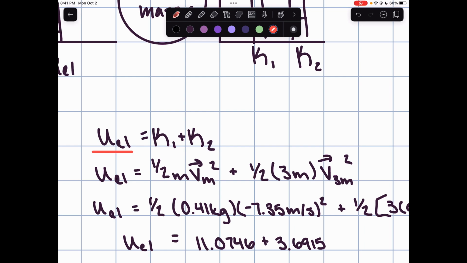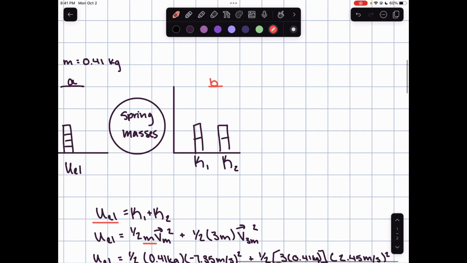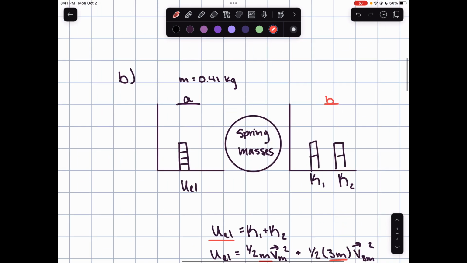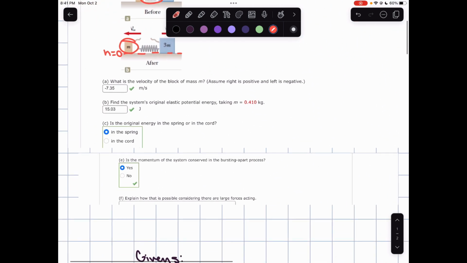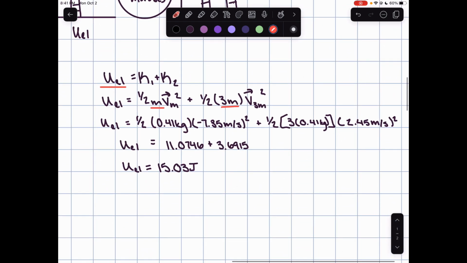But we can get a little more specific. We know the mass is just m for K1, which we're calling this block. And we know the mass is 3m for K2, which we're calling this block, like we have denoted under the velocities.